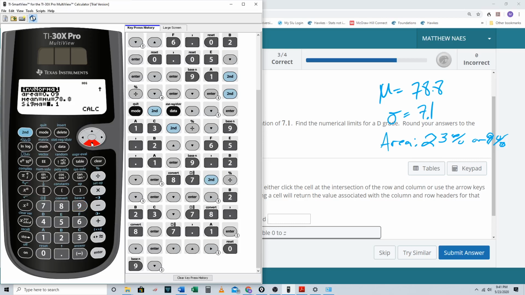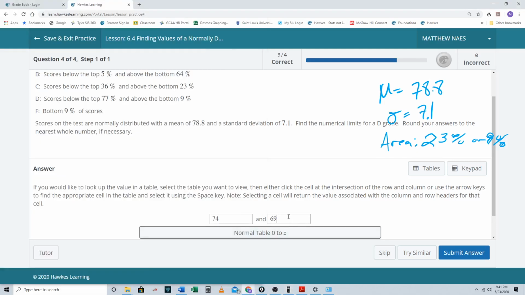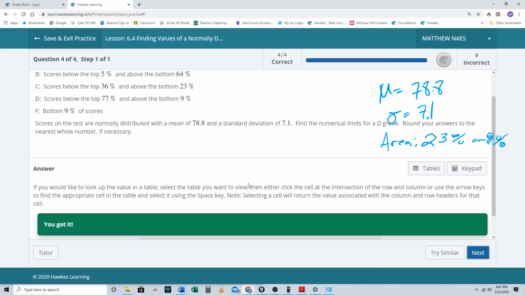Okay, and go down to calculate. We got 69.2, so 69. Again, it doesn't matter if you put 69 and then 74. It makes no difference the order you put this in. See? All right, that's the 4 questions.